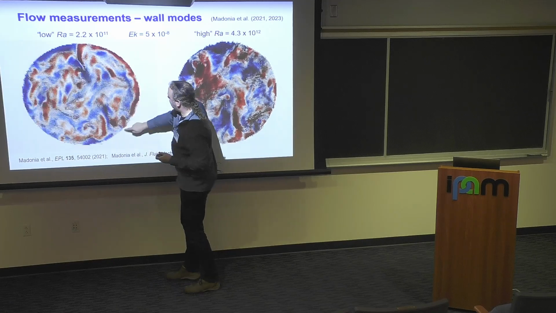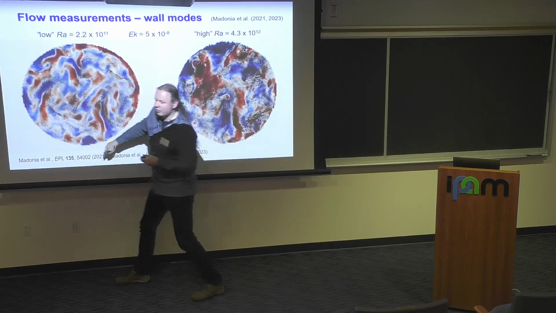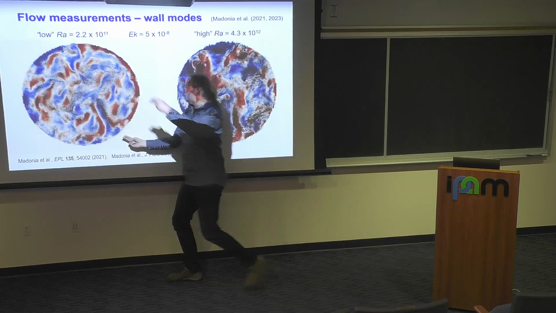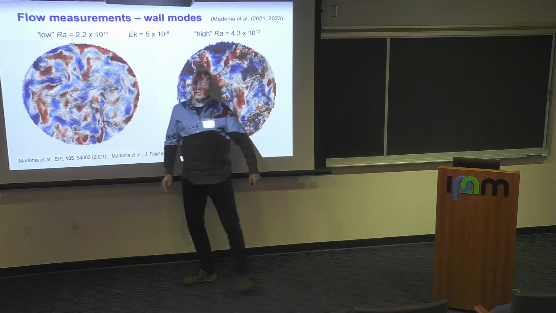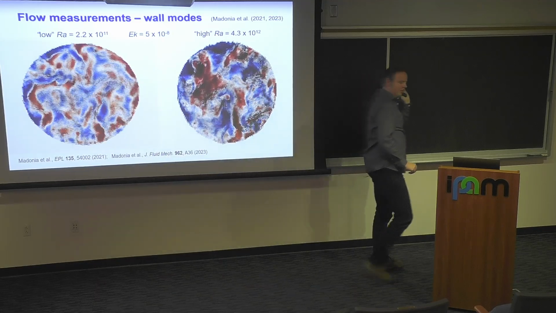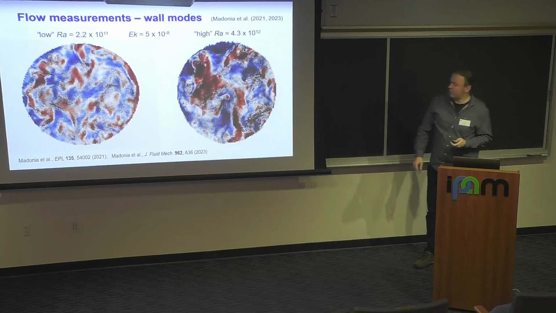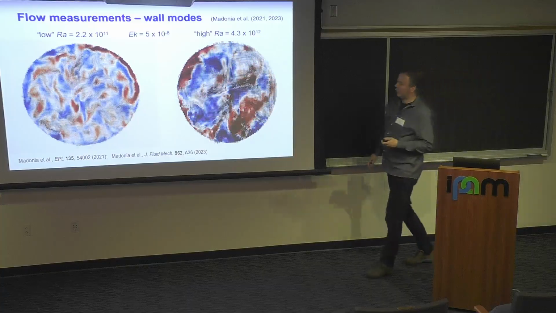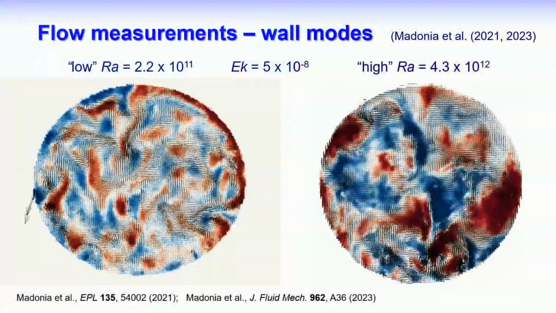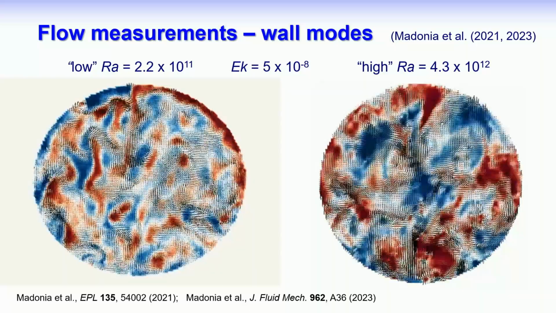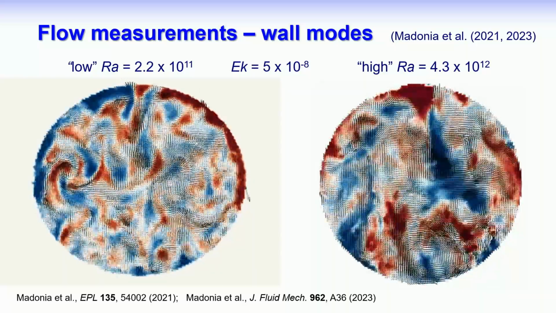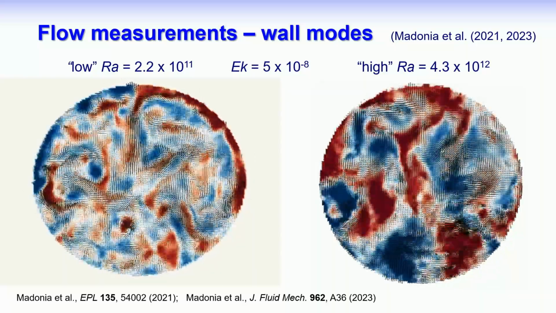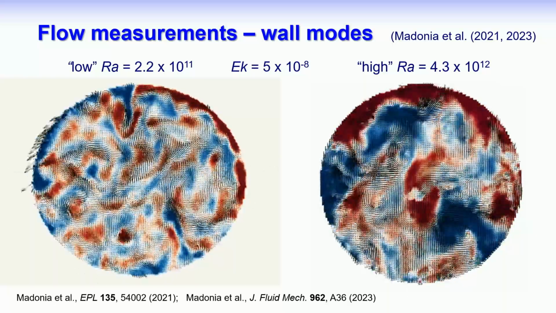There's this nice red half and blue half with the jets going in at the points where they meet. And also in the more turbulent case, let's see if I can replay it. If you look closely, most of the time you can also see there that there's a partitioning of red and blue at the sidewall with inward jets where they meet.